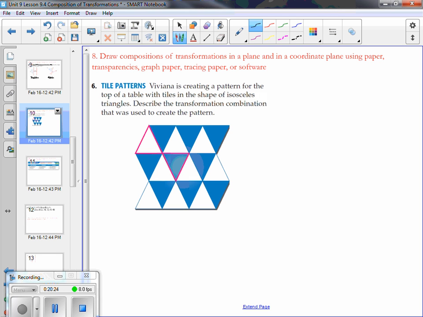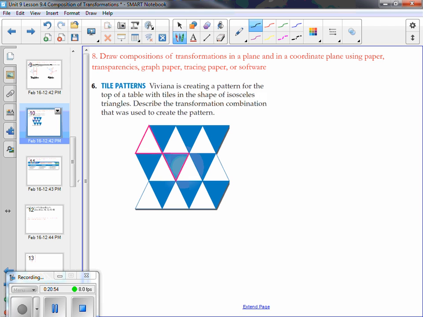Viviana is creating a pattern for the top of a table with tiles in the shape of isosceles triangles. Describe the transformation combination that was used to create the pattern. And for the most part, the simpler, the better, okay? You know, we don't want to say, well, what she did was she rotated it 360 degrees and then she, no. We keep it as simple as we can.